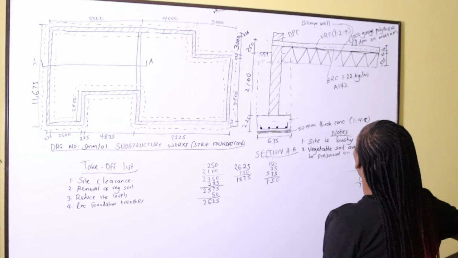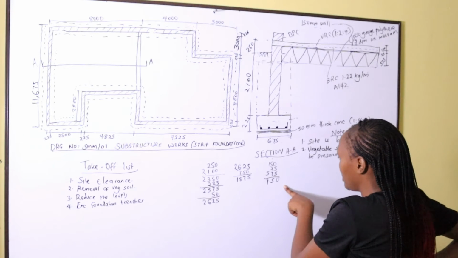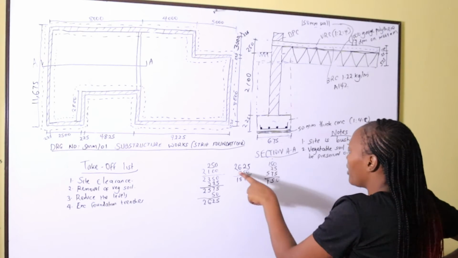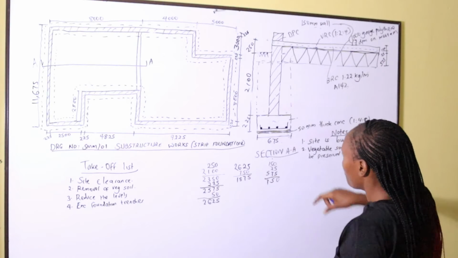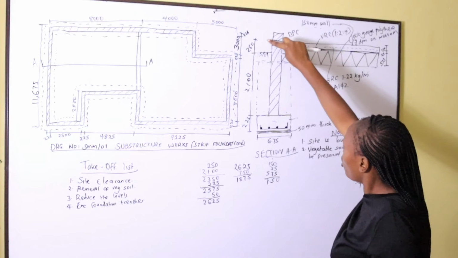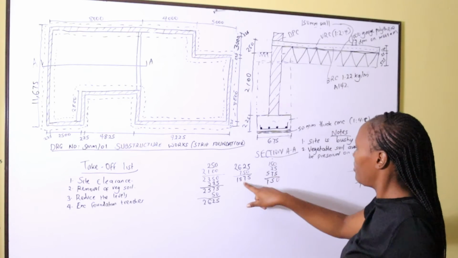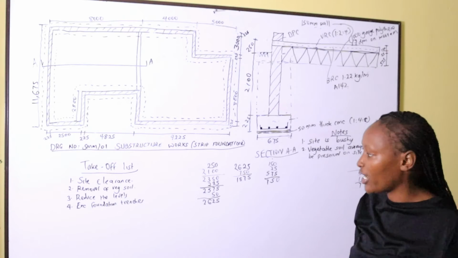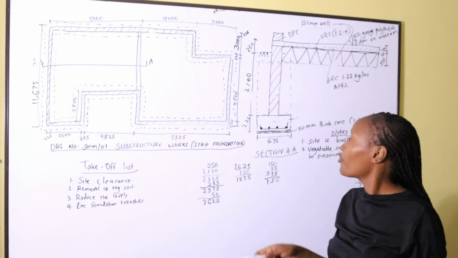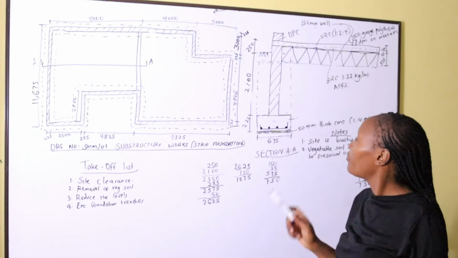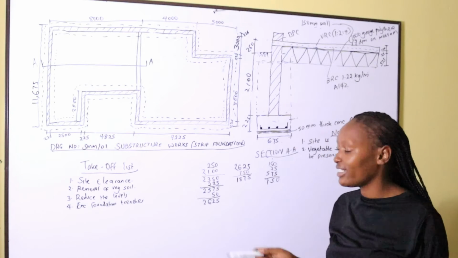The layers amount to 750, so you deduct from 2625 and it shall be 1875. So the total depth we shall need to excavate from the reduced level to the bottom of the trenches is 1875.